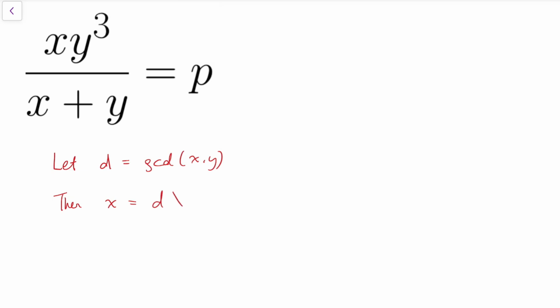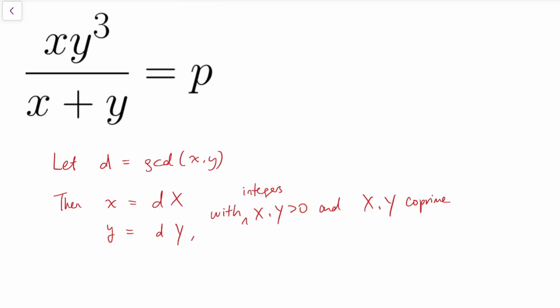Then I can write small x as d times big X, small y equals d times big Y, with big X and big Y both positive integers, and these two positive integers being coprime, which means they do not share any common prime factors.